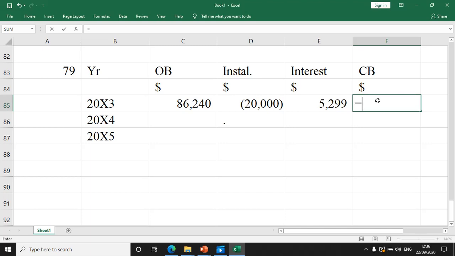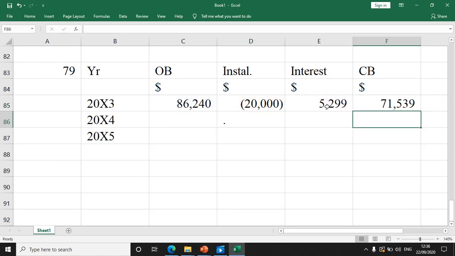Then you have your closing balance. How do we find the closing balance? Nice question. So you get, again, let's put the brackets, the negative figure there, and then you say minus 522 minus this figure here. Is it minus or plus? I think it's a plus. Remember, interest we add all the time.